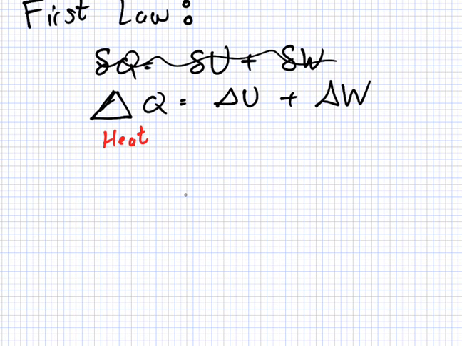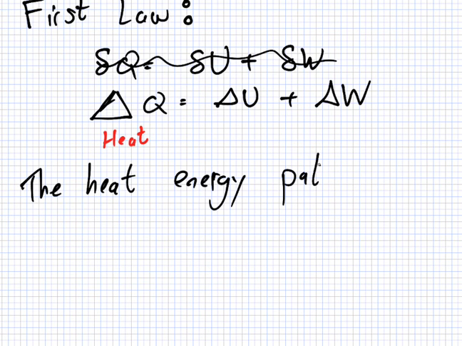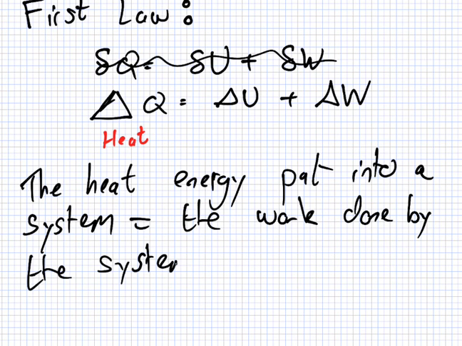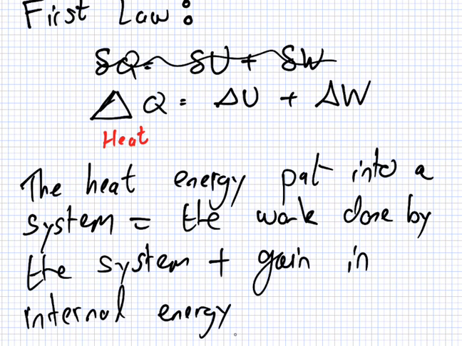So write down: the heat energy put into a system equals the work done by the system plus the gain in internal energy, which basically means the machine gets hotter. The temperature rises in the machine.